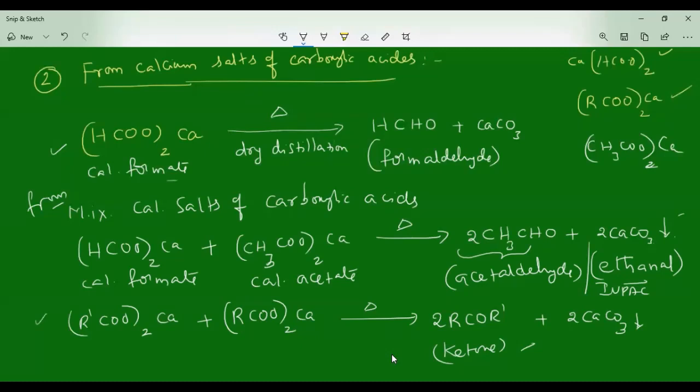Okay. Let us go to another idea in this method. You can also prepare ketones from calcium salts of dicarboxylic acids. How is it? Let us see.